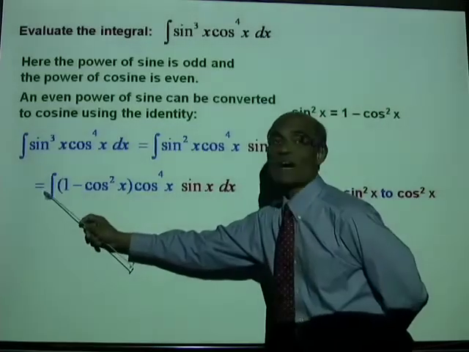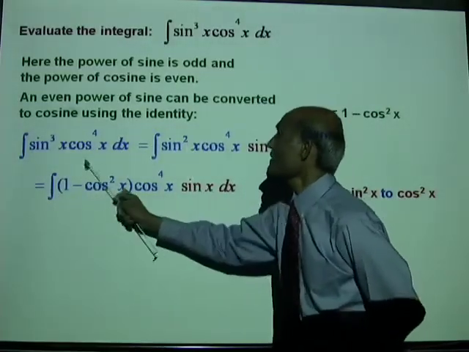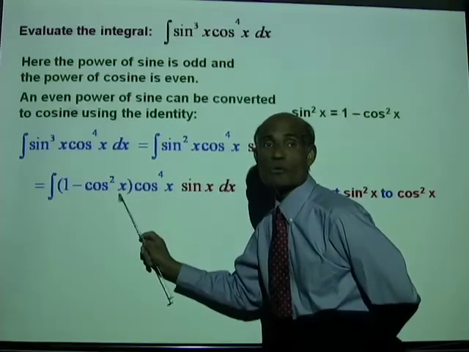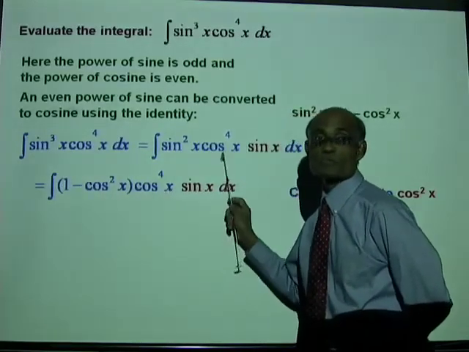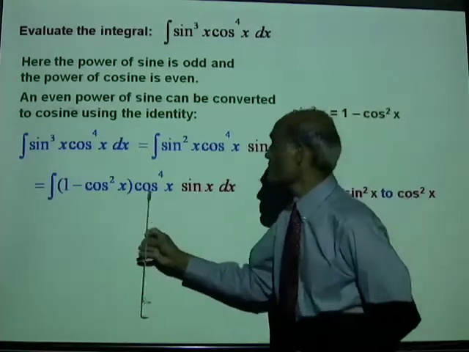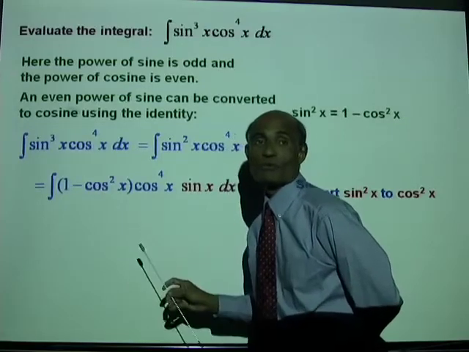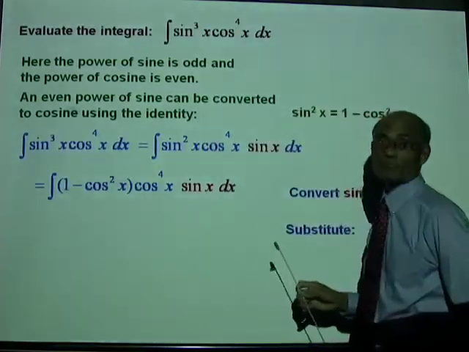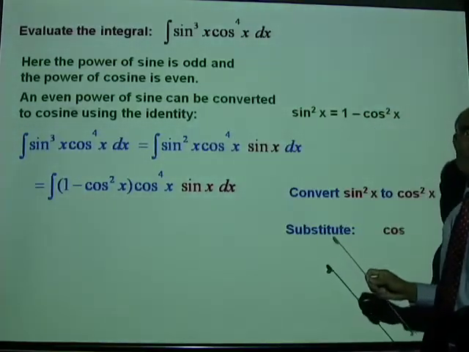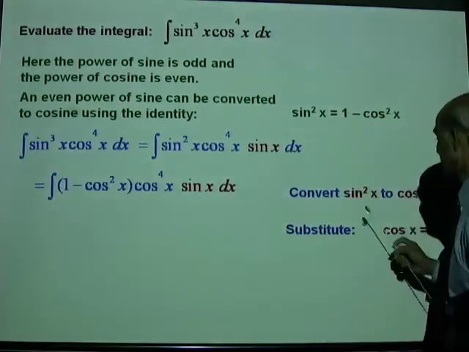So you have, that will be equal to, in integral, sin squared x becomes 1 minus cos squared x times cos to the power of 4x sin x dx. If you now distribute this cos to the power of 4x, what will that become? Well, before distributing that, let's do a substitution.